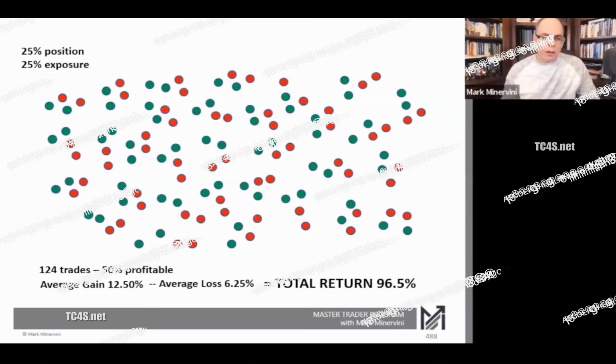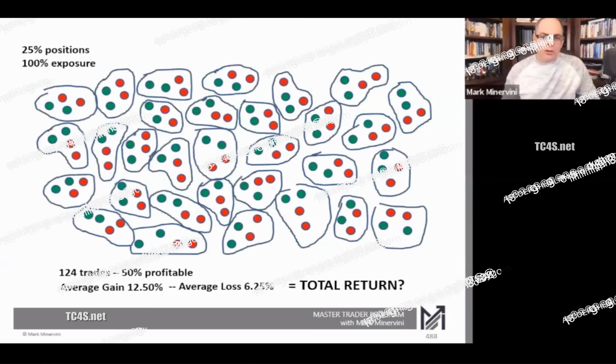So now I'm going to draw some little circles around each set of 4 trades, which will be 2 gains, 2 losses. And now we're going to shift to the same scenario, same profit, same loss, same number of trades, same exact trades.